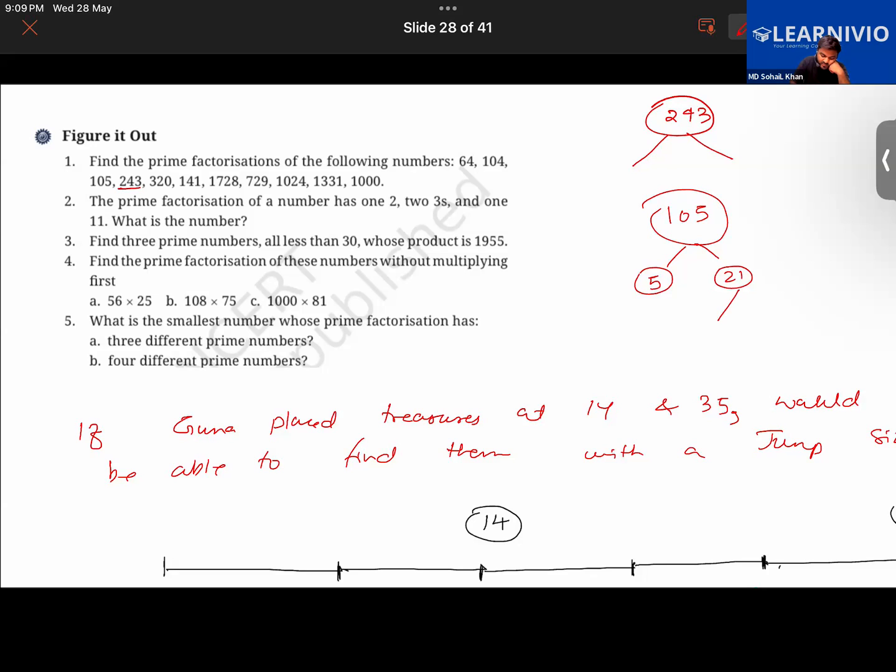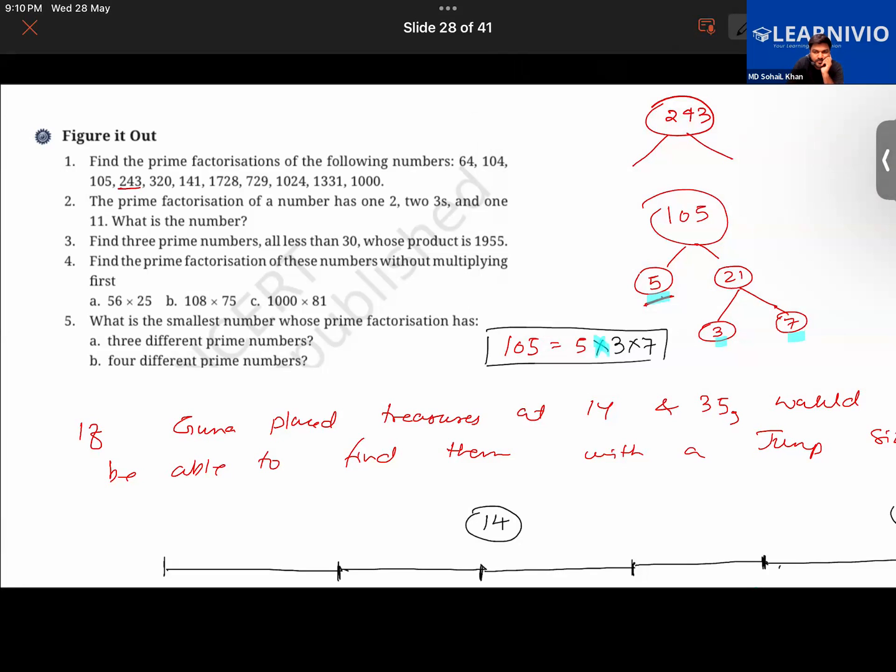So further, I will have to break it down. 21 can be broken down as the product of 3 and 7. So the prime factorization of 105 will be, I'm only going to pick up the prime factors and then multiply them, 5 multiplied by 3 multiplied by 7. That is the prime factorization of 105.